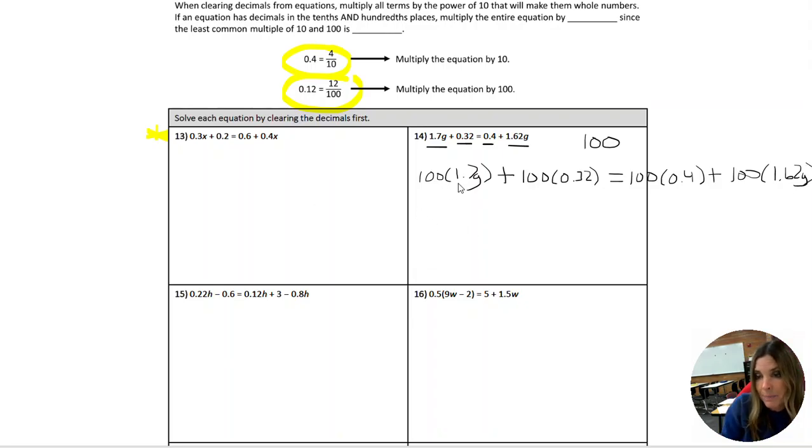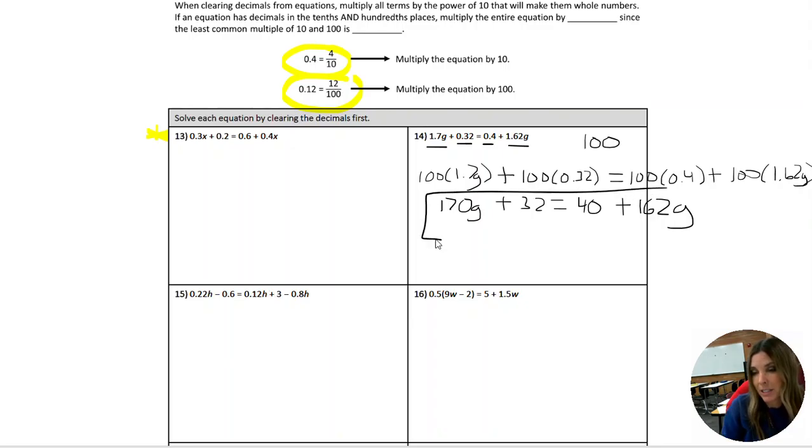So on this one right here, the 100 times 1.7, I'm going to have to shift my decimal 2 places to the right, which gives me 170g, plus 100 times 0.32 gives me 32. 100 times 0.4, I'm actually going to have to shift that 2 places to the right, so that's going to give me a 40. And then 100 times 1.62 is going to give me 162g.